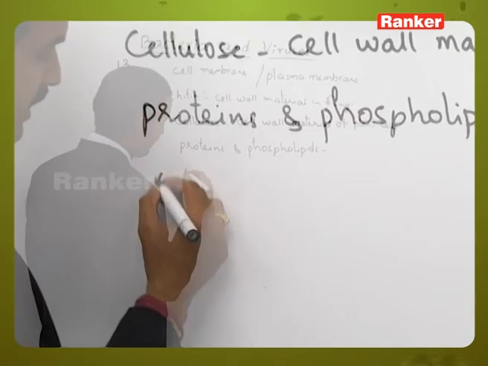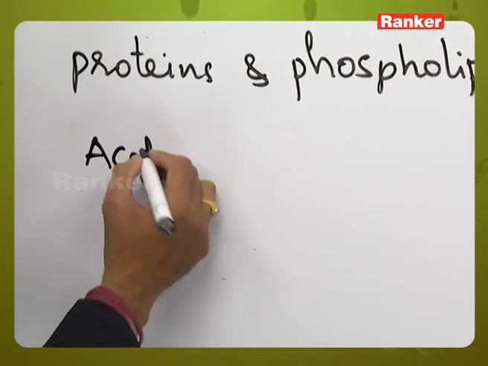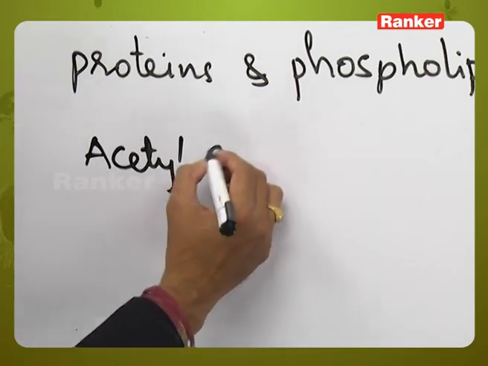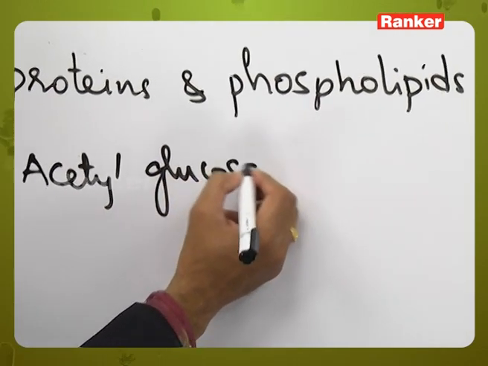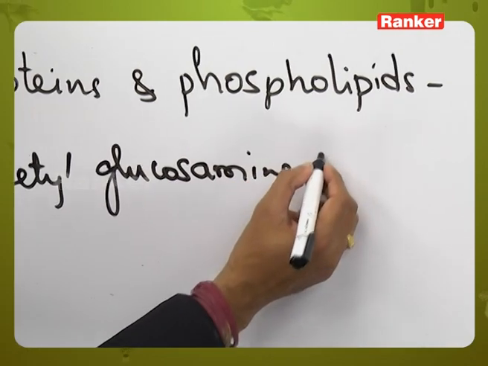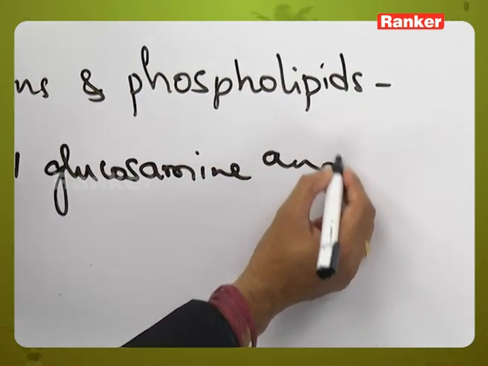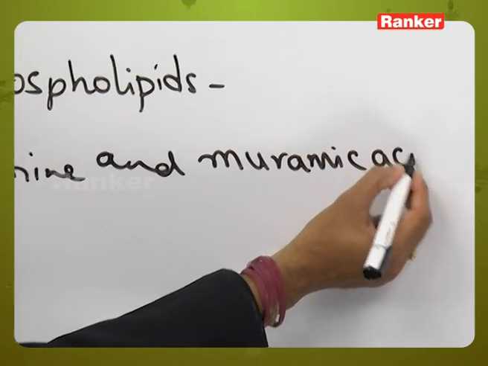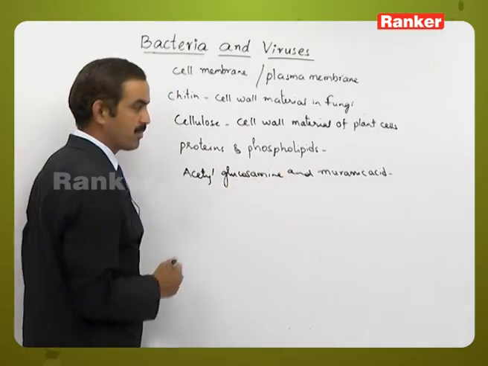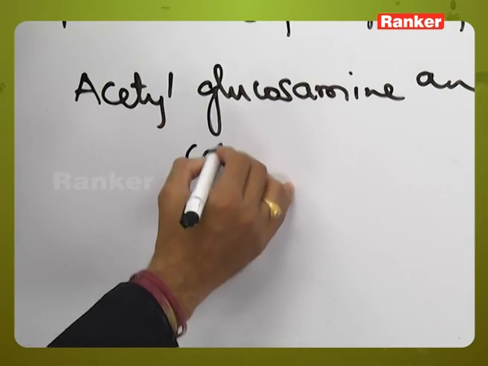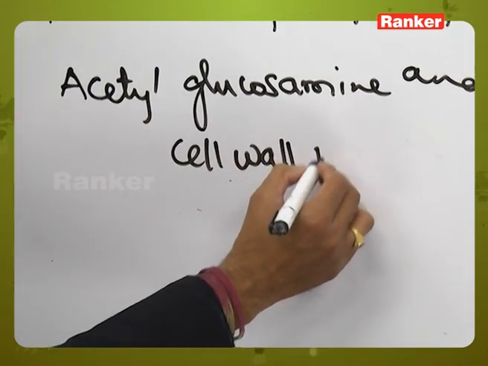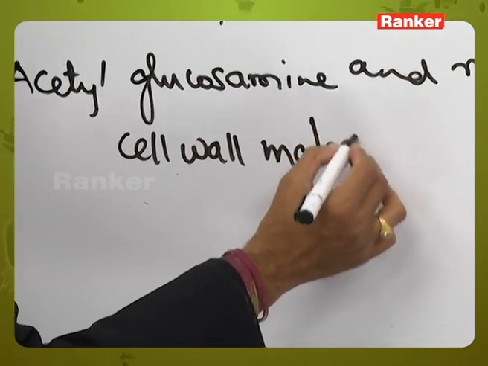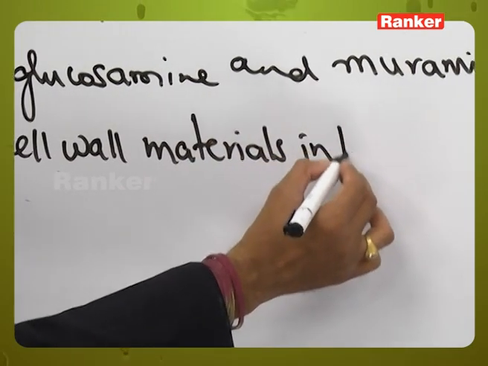And the last one that is given is acetyl glucosamine and muramic acid. So, acetyl glucosamine and muramic acid are the cell wall materials in bacteria.